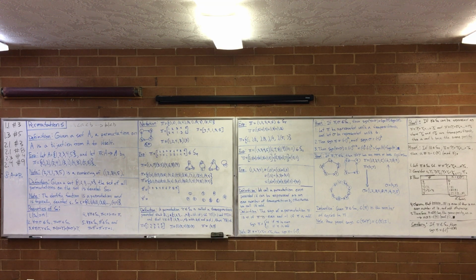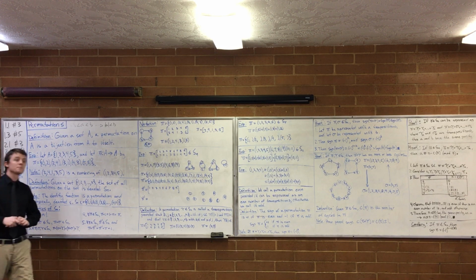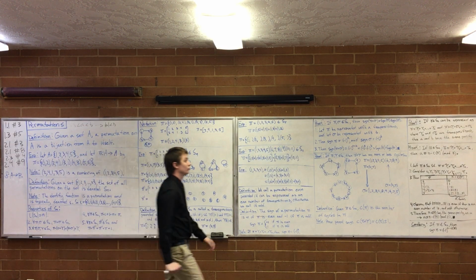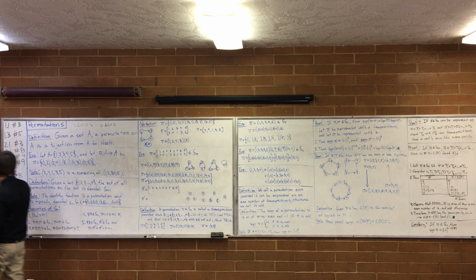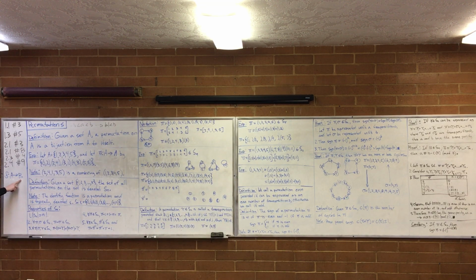If the inverse of a function is a function, then it has to be a bijection, doesn't it? If the inverse of a function is a function, and you have a function from A to B, then if its inverse is also a function, then yes, you have a one-to-one and onto function. Right.